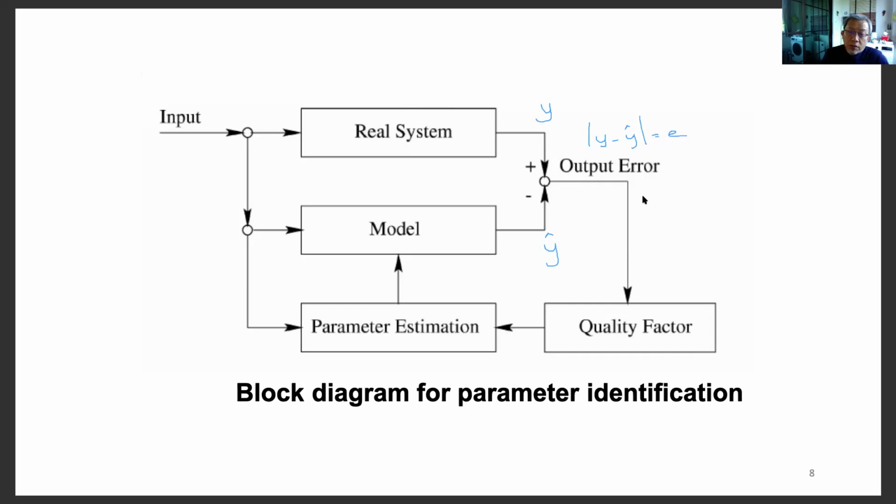This error goes to a quality factor. The smaller it is, the higher the quality; the bigger it is, the worse the quality factor. This quality factor goes to the parameter estimation process, and then is submitted to the model, which is the nearest one equivalent to the real system.